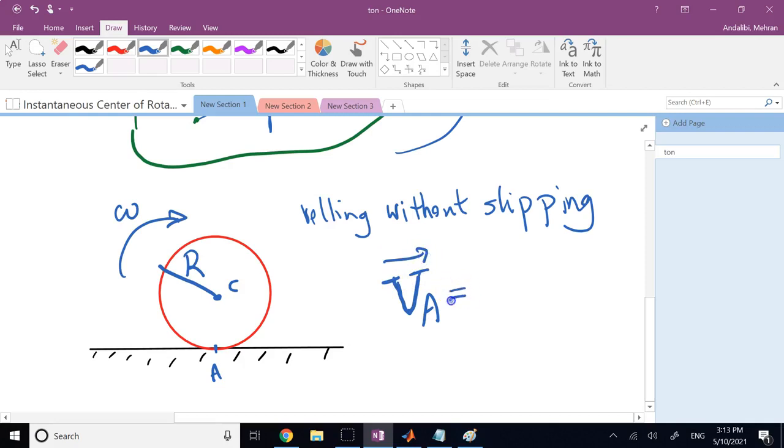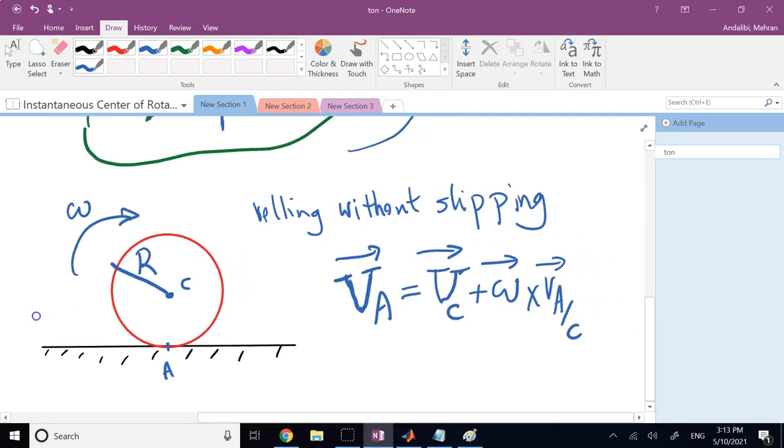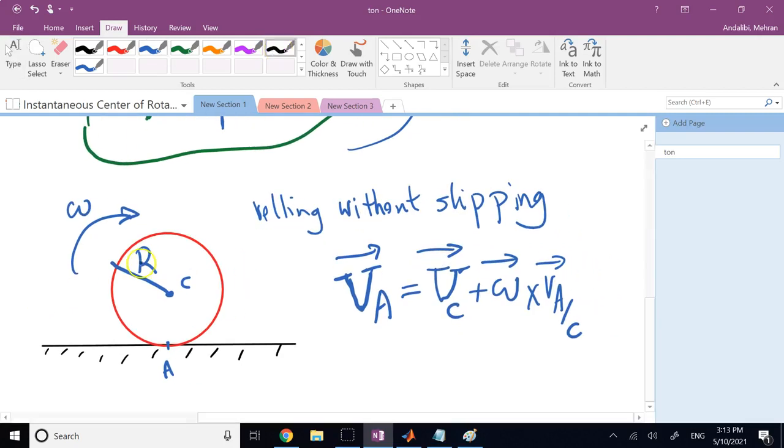And for that, all you need is to use the formula: V of A equals V of C plus omega of the rigid body cross R of A with respect to C, correct? And here I'm going to use a traditional XYZ, so X, Y, and Z out of the plane toward you. Clearly, if the object is doing rolling without slipping, the velocity of the center is in magnitude R times omega.